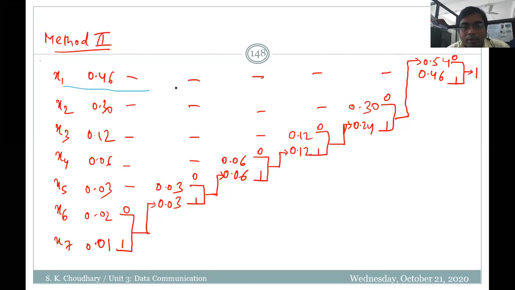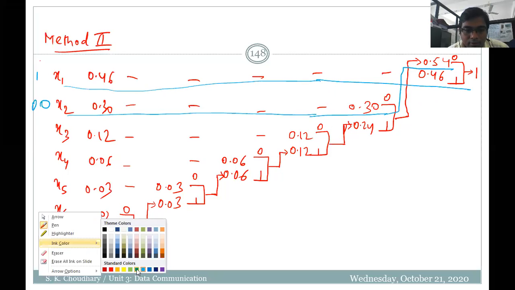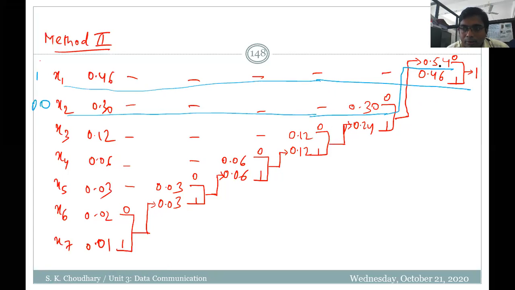For x1, you can see this is the straight line. This is binary 1. For x2, you can come here up to this, and then we have to move. So it would be 0, 0. And then for x3, from this point we have to come here, 0.24.